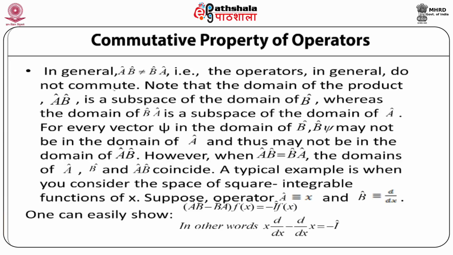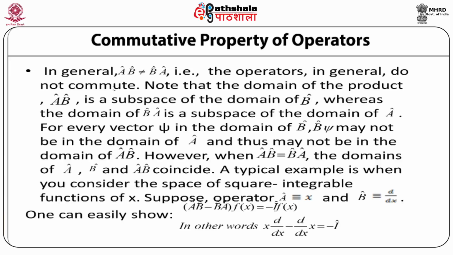A typical example is when you consider the space of a square integrable function of x. Suppose we define an operator A as x, and we take another operator B which is defined as the derivative with respect to x, that is d by dx.